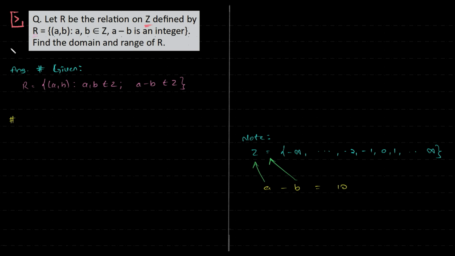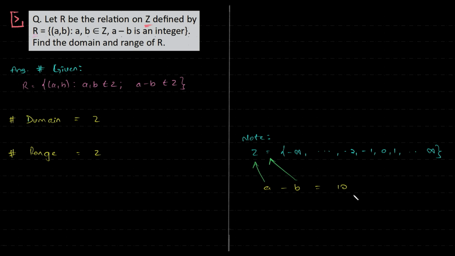So what can we conclude about the domain? In the domain, we have all the possible integers that can be related. The range will be all possible integers again, is it not? Every integer can be related to every integer again to get an integer.